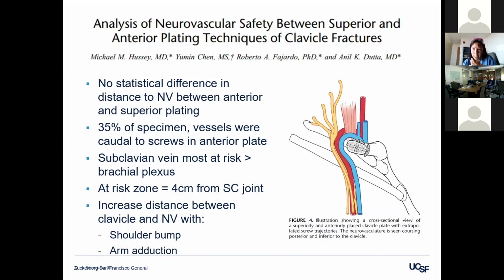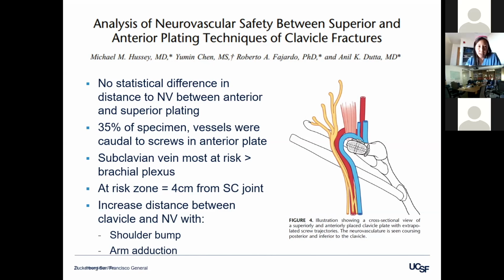This paper was a cadaveric study looking at how risky the neurovascular structures are in relation to anterior and superior plating. Even though they found in their study that there was no statistical difference between the distance of their screws between anterior and superior plating, in 6 of their specimens, or 35% of their specimens, the vessels were actually below, so caudal to, the screws placed in the anterior plate.